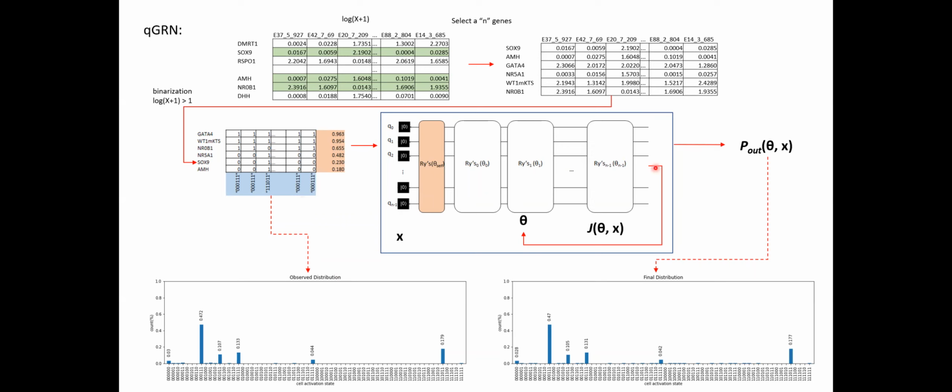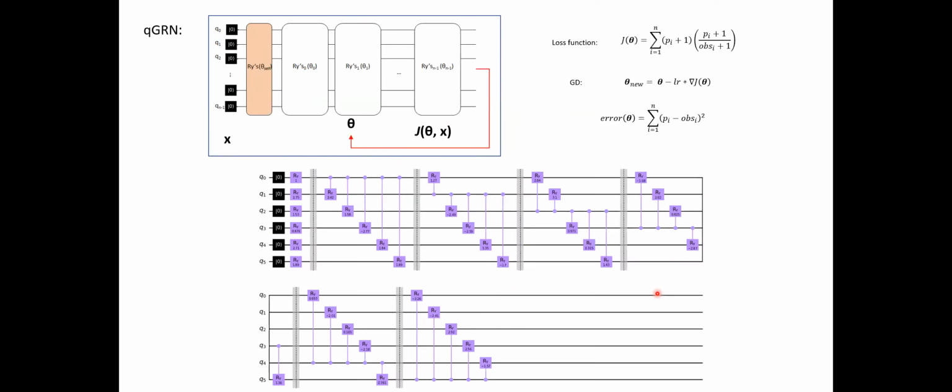So there is an optimization task with a loss function J, in order to optimize the output distribution from this quantum circuit. As we can see in the lower part of the slide, there is a demonstration of what an observed distribution is and what a final distribution should be.